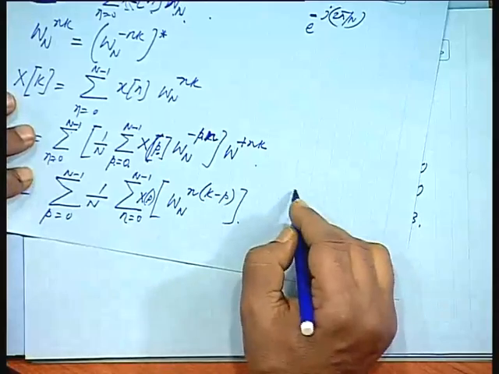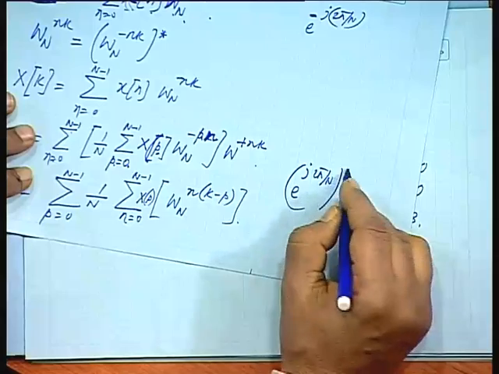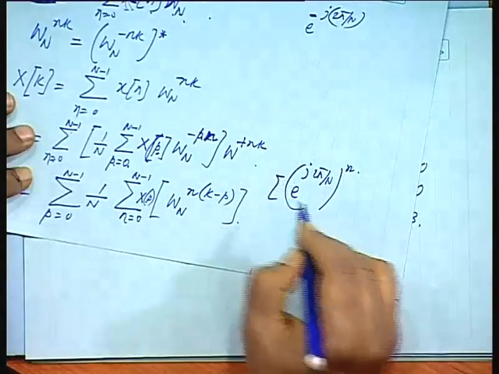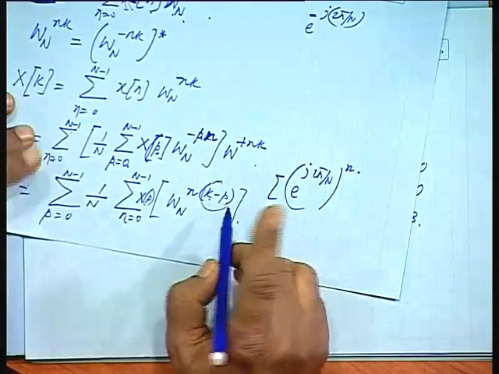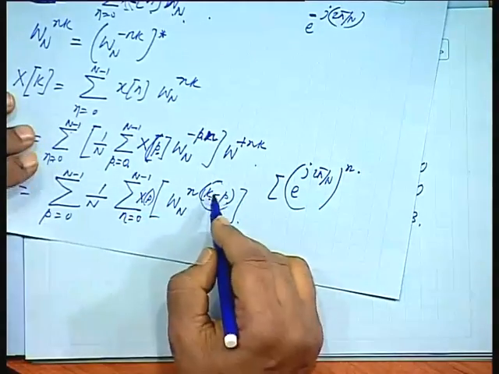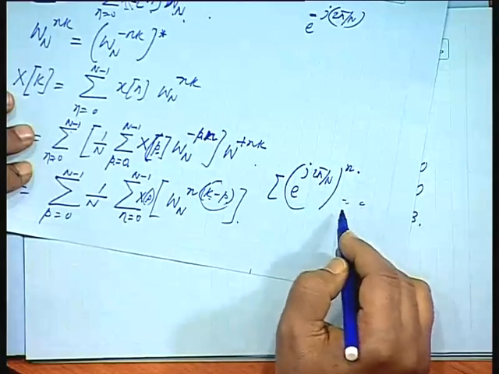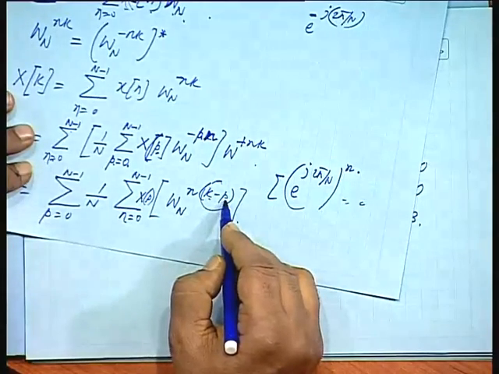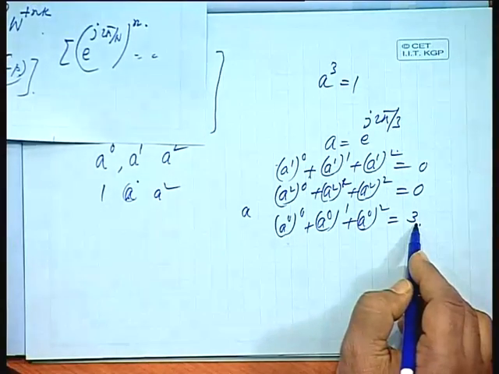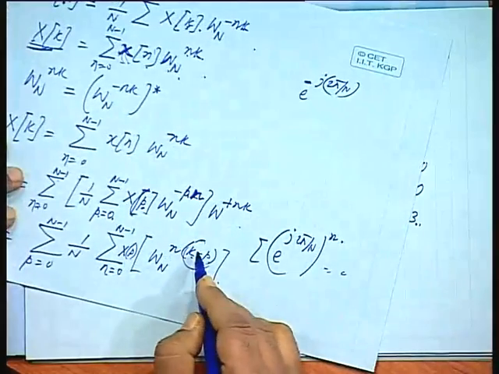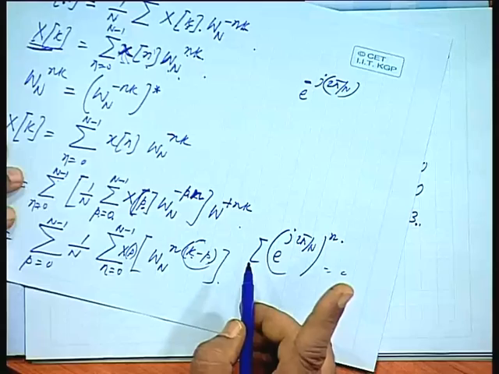W_N is e^(j2π/N). Now, if I sum W_N^(n(k-p)) over n, with k minus p other than 0, whether 1, 2, 3, 4, whatever you take, the sum will always be equal to 0. But at k equal to p, it will be equal to N, as it came to 3, is it not? So this N will get cancelled with the 1/N, and this will stay only for k equal to p.